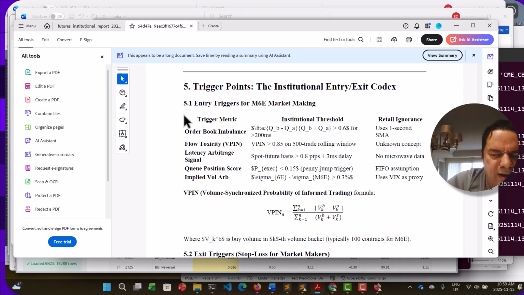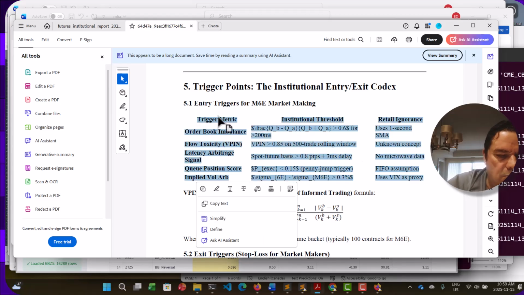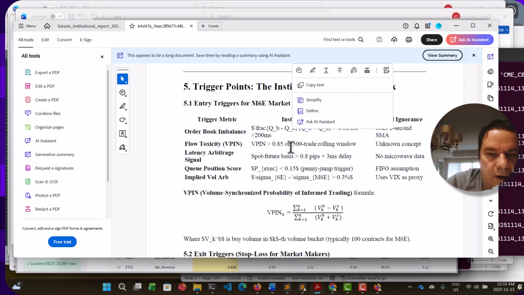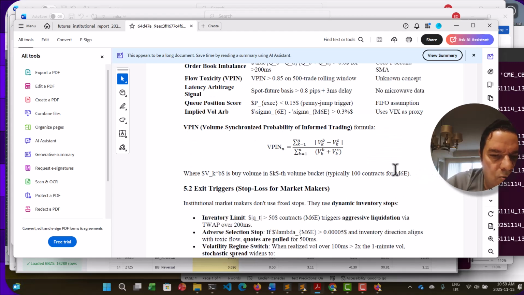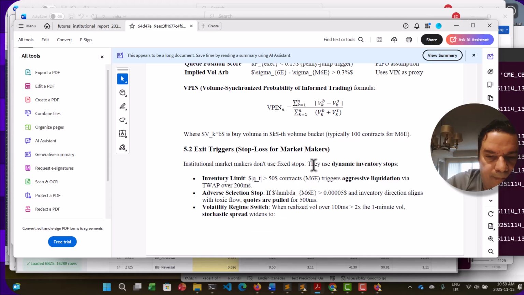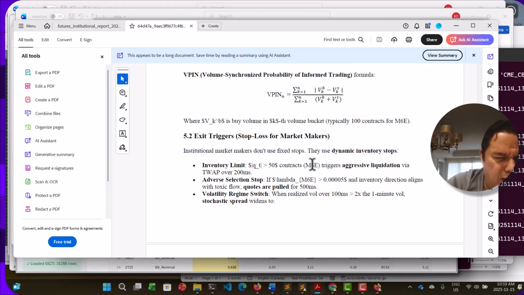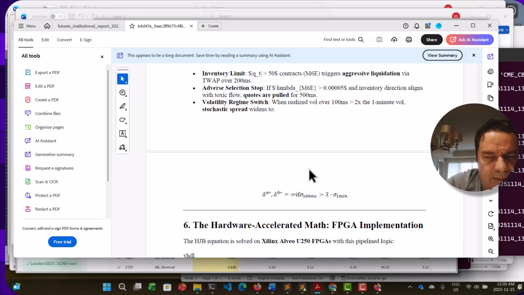We can see this is all very specific when it comes to low latency, really ultra low latency with an FPGA board there. These are the triggers for entries and exits. This one's specifically for market making. Personally, I can't do a whole lot with it, but as I said, this is very valuable.